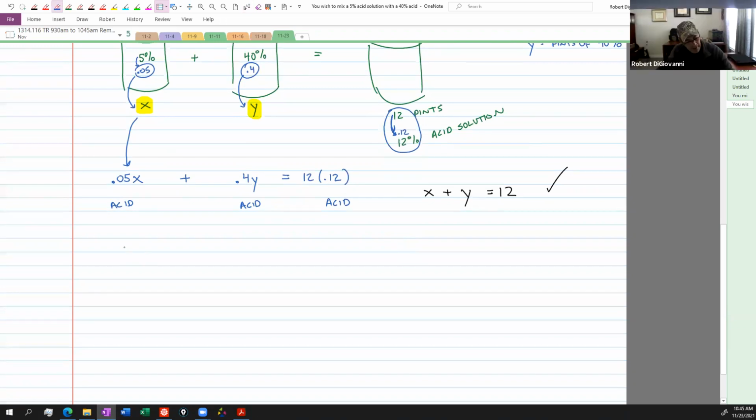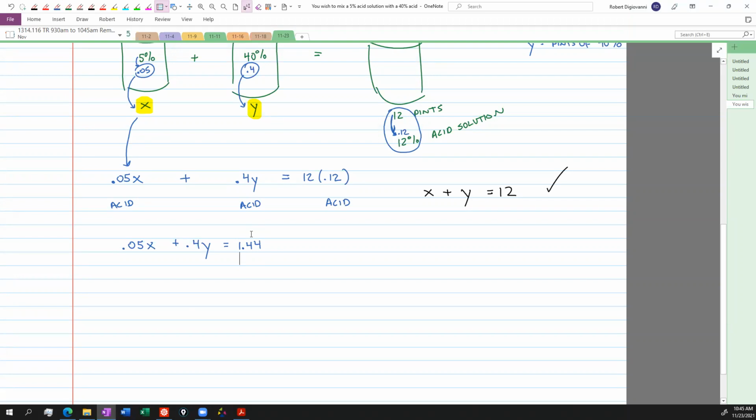So look what we have here. 0.05x plus 0.4y equals, let's see, 12% of 12, so 0.12 times 12. That should give you 1.44. Go with me?